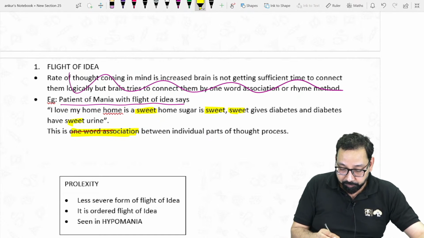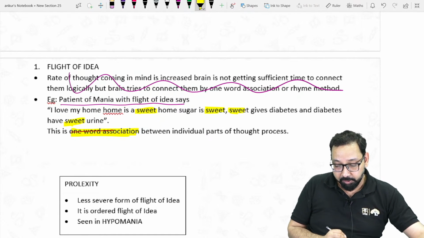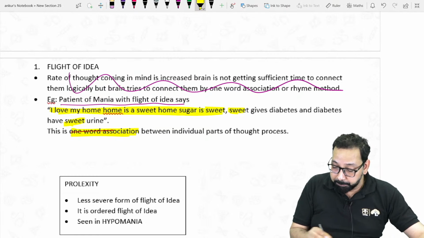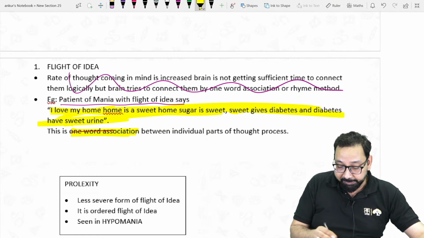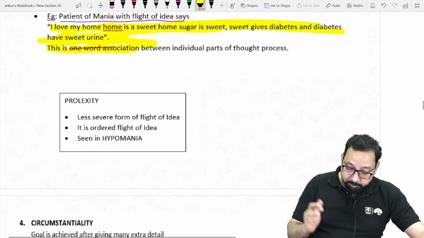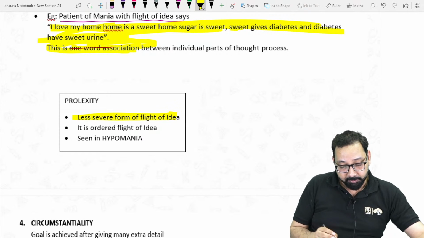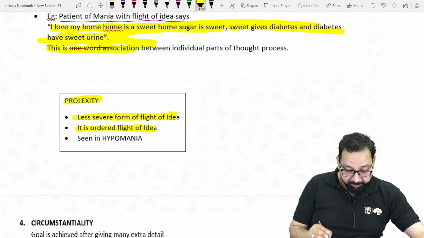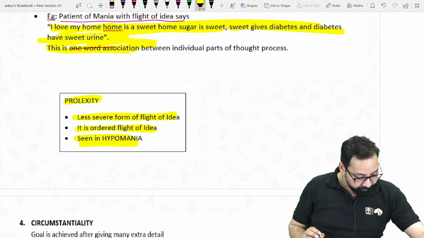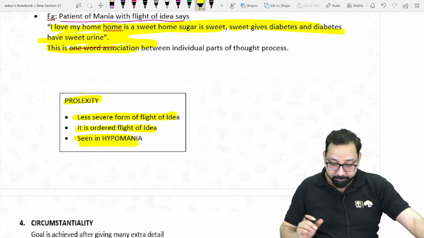Speech is fast, that is flight of idea. But a less severe form of flight of idea, also called ordered flight of idea, is prolixity, seen in hypomania. Clear?